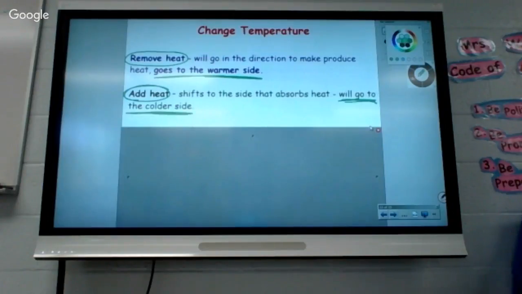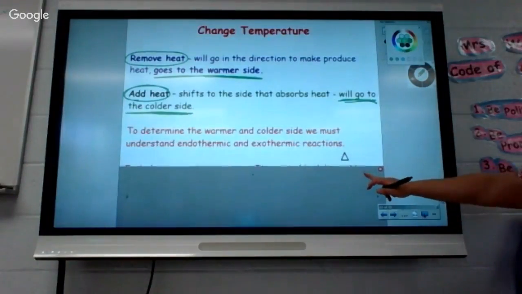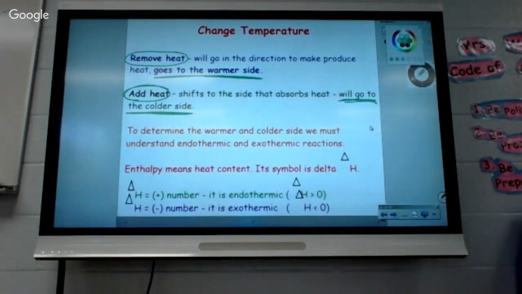Now, these are where our thermochemical equations that we wrote down are going to come in. All right, I don't think we need any of that.